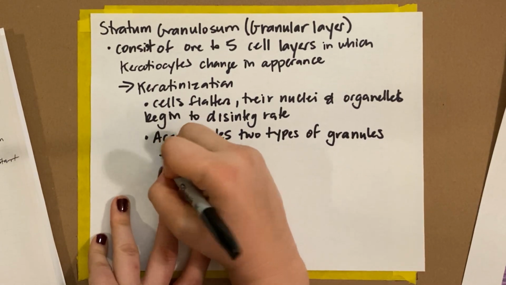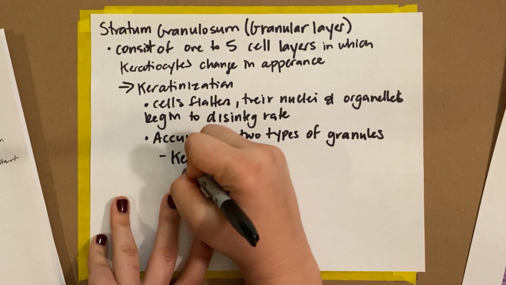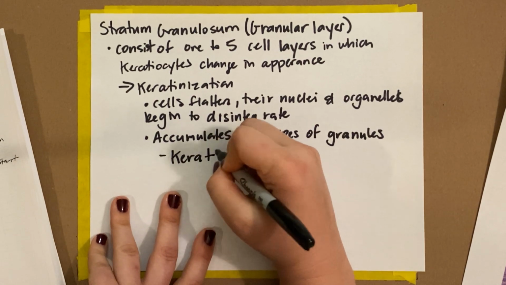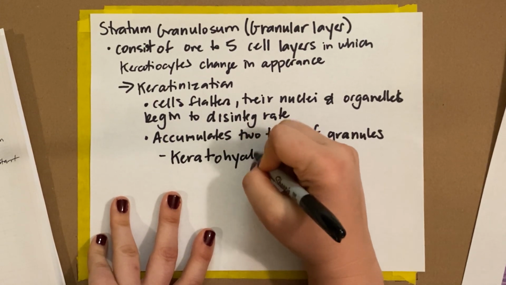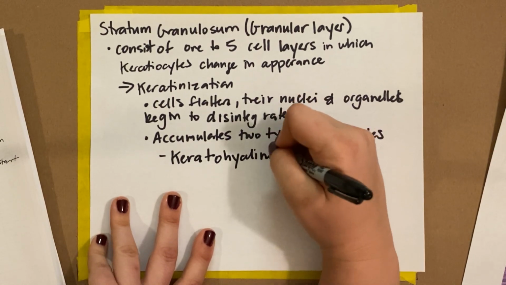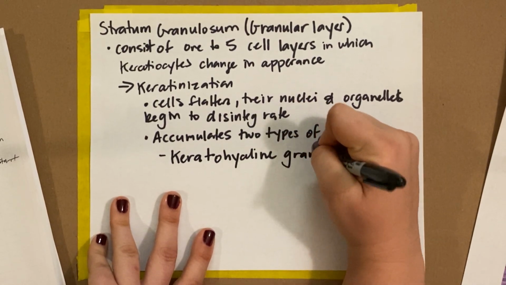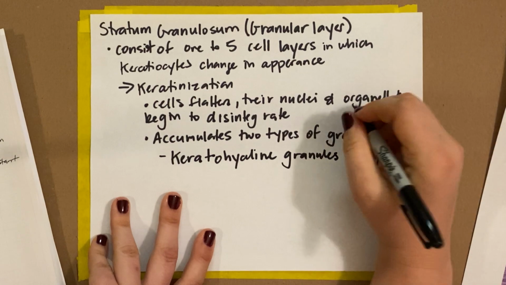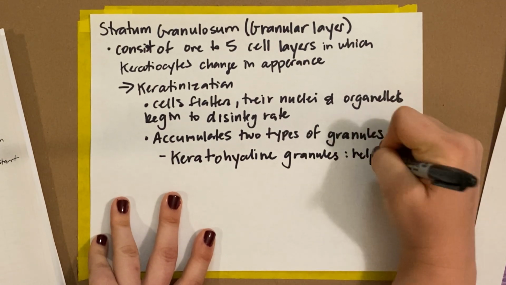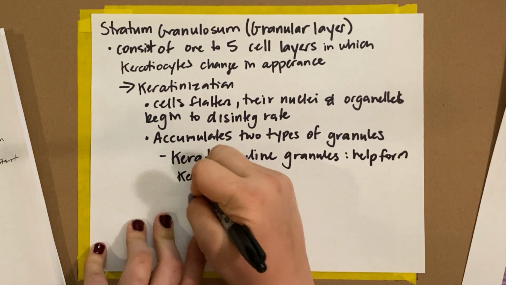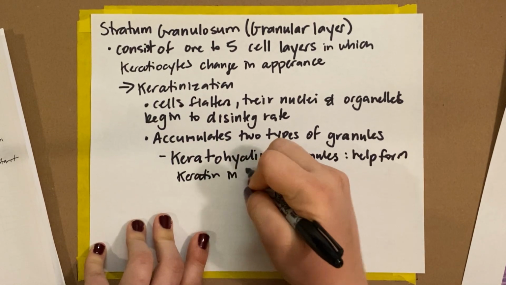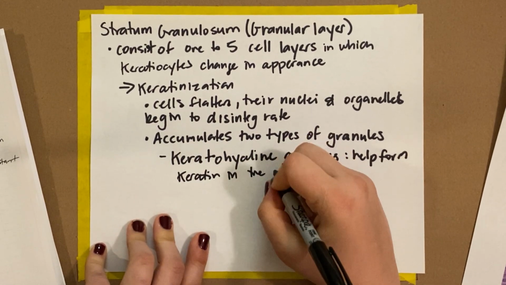Okay, the first is going to be called keratohyalin. Okay, so these are going to help form keratin in the upper layers.